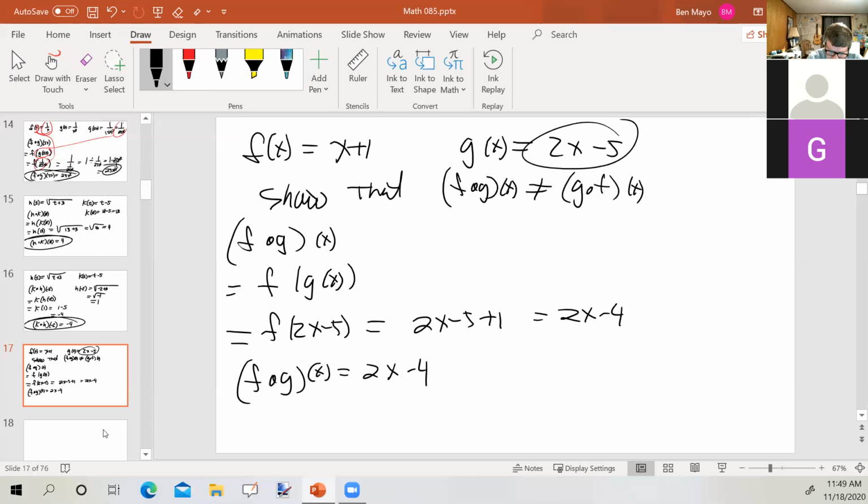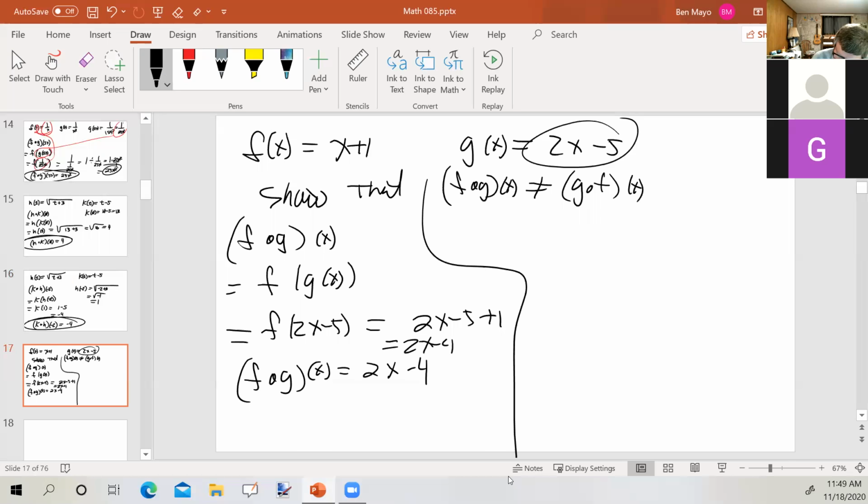Okay? Now, I think what I'm going to do is get my eraser to work. See if I can put the second half over here.